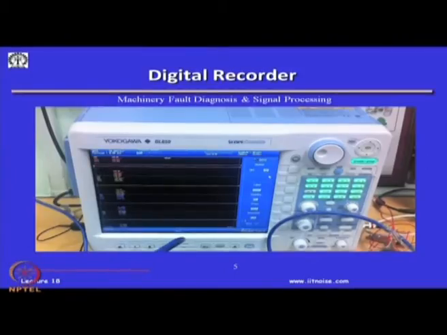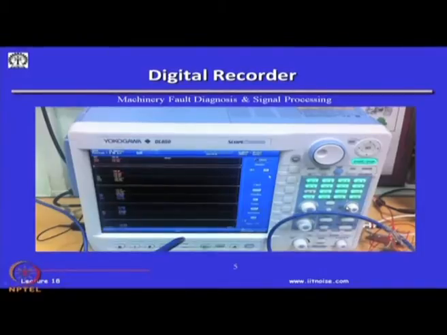Of late, in the last maybe 5-6 years, people are using digital DAT recorders, like the one we have in our laboratory here. You can have 16 channels of recording, and you can feed in signals.